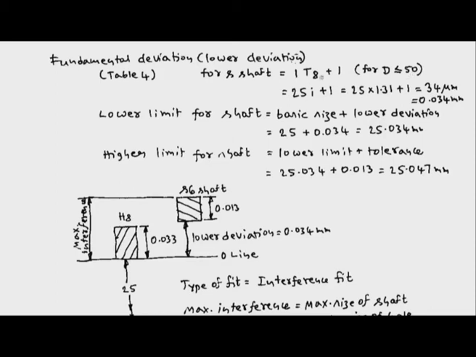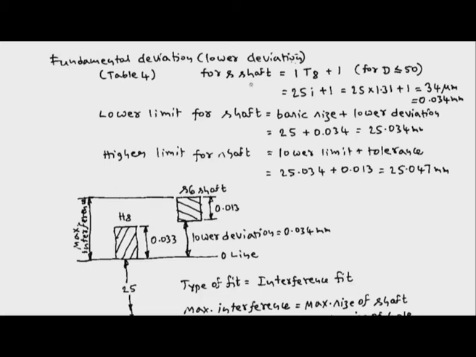So, IT8 is equal to 25 times I plus 1. So, this is equal to 0.034 millimeter. So, this is the fundamental deviation for the shaft.